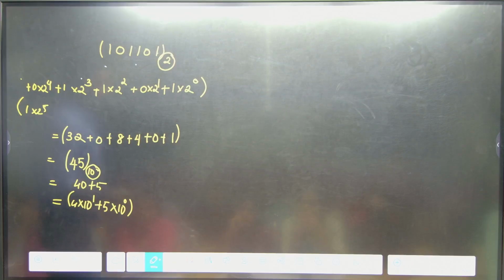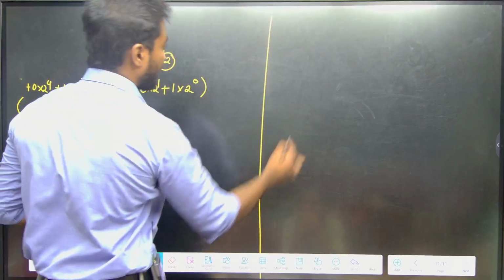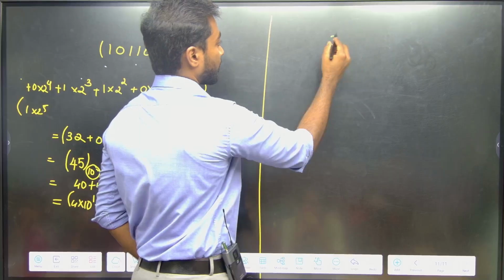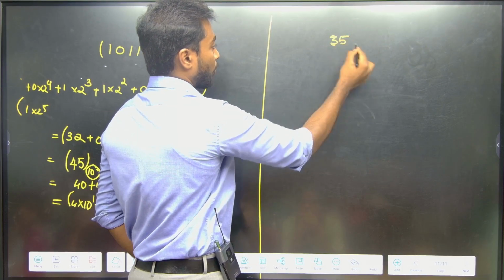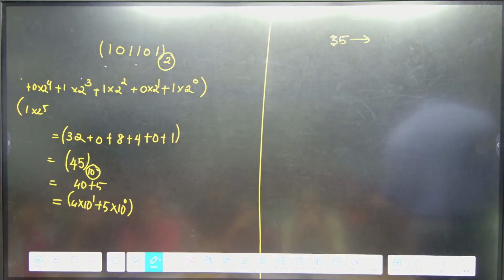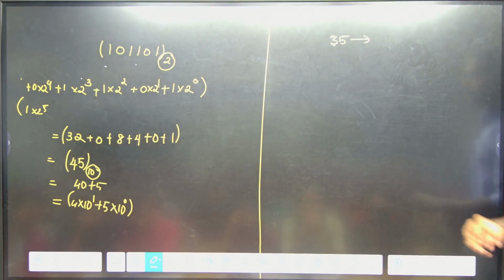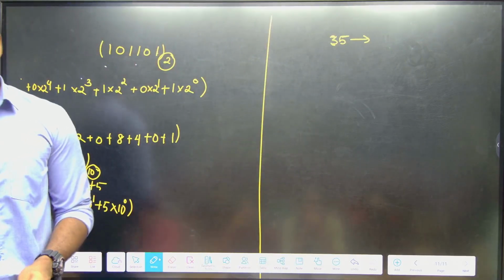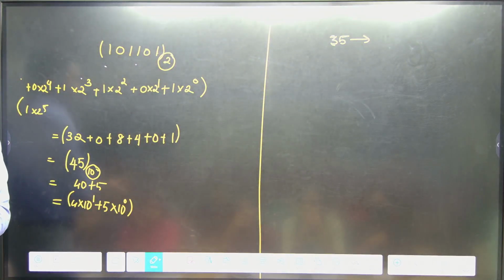For example, if I consider the value 36, or let me take 35, how to convert this into the binary system? What we should do is take the nearest value of the 2 powers. What will be the nearest value of 2 power here? 2 power 5.